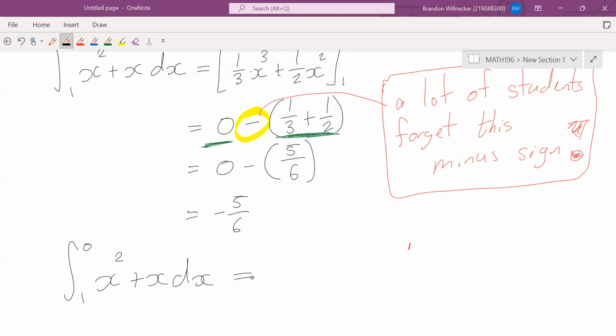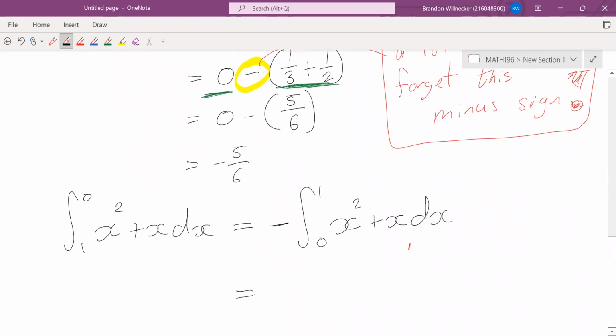I remember that if I swap the bounds, I put the minus sign. So it's going to be minus the integral from 0 to 1 of x squared plus x dx. It was from 1 to 0; I swapped them and put the minus sign.